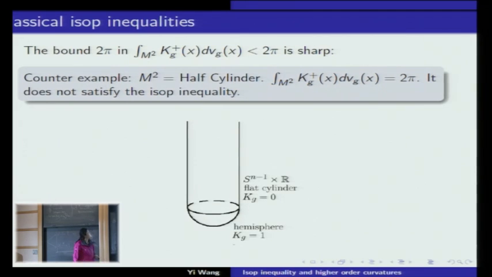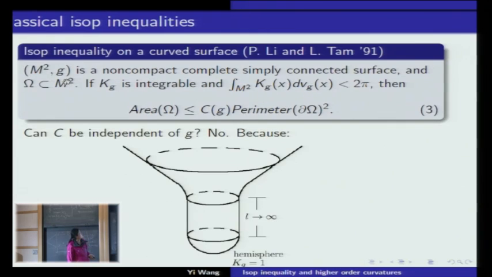So the 2-dimensional case is quite obvious and beautiful. Another situation, which is related, is also about the relationship between the isoperimetric inequality and the integral of Gaussian curvature. The setup is a little bit different.